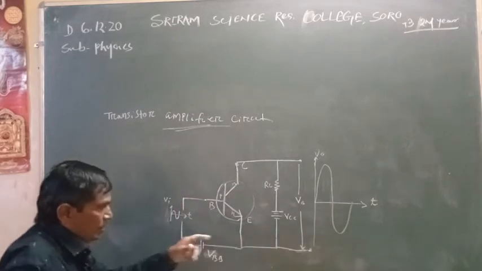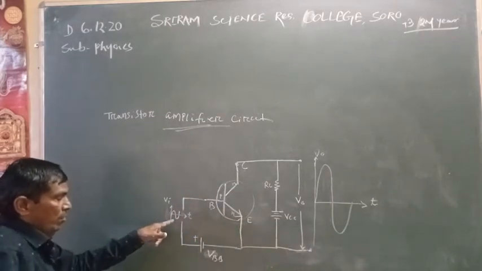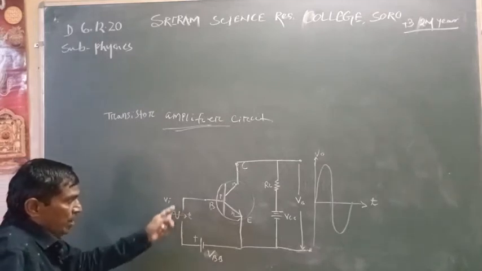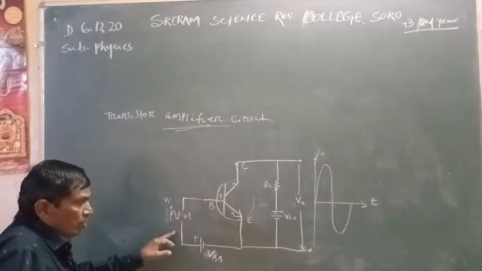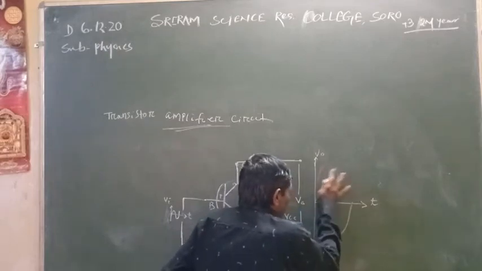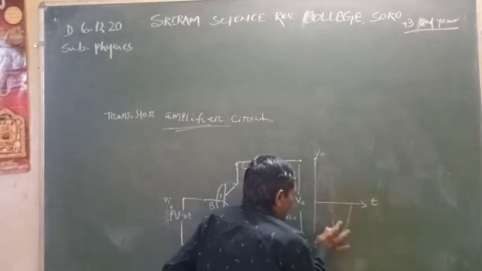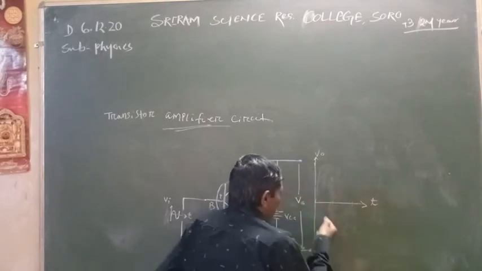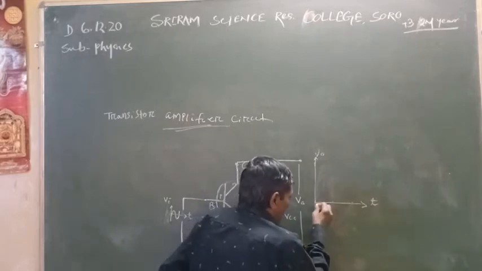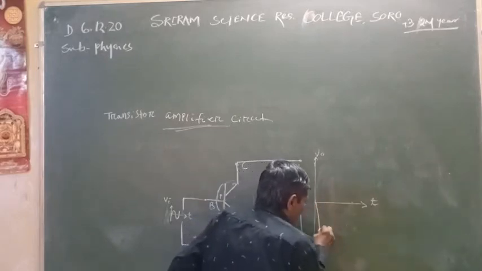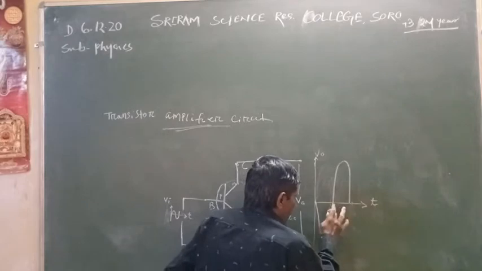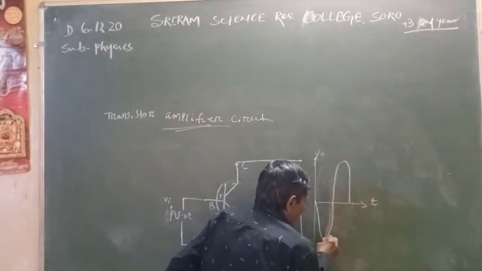When a small, low voltage AC signal is applied across the base junction, we get the output on the output side with a reversed phase, meaning the phase is shifted by 180 degrees. This is the output wave of the amplifier circuit.